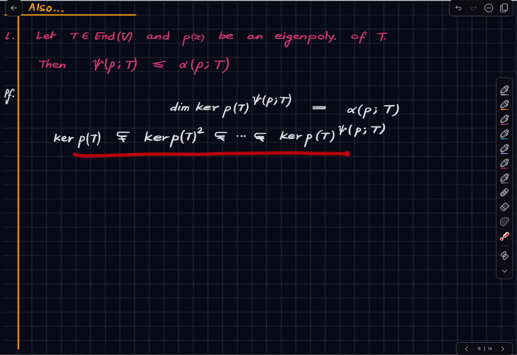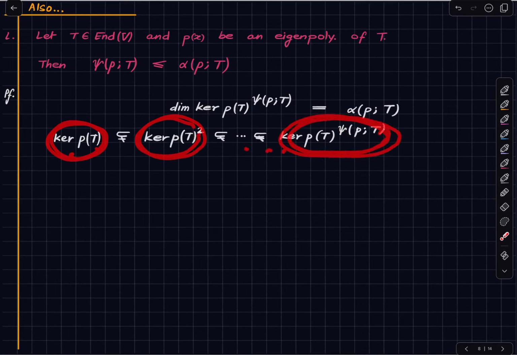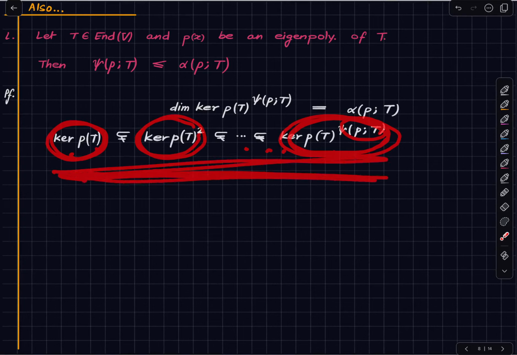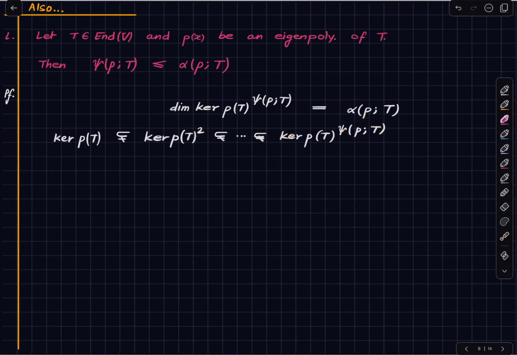So all these are strict, and hence the dimension of this guy has to be at least that much. Because this has dimension at least 1, then this has dimension at least 2, and so on. This has dimension at least the saturation exponent, because there are saturation exponent many terms here. So we can write that this is at least the saturation exponent, and therefore the algebraic multiplicity is at least the saturation exponent.